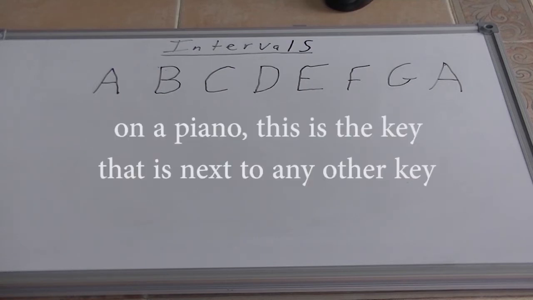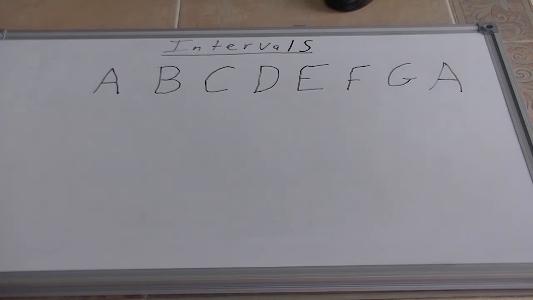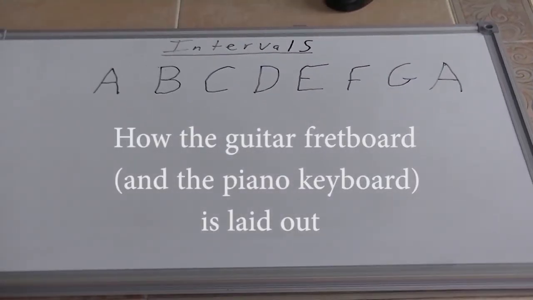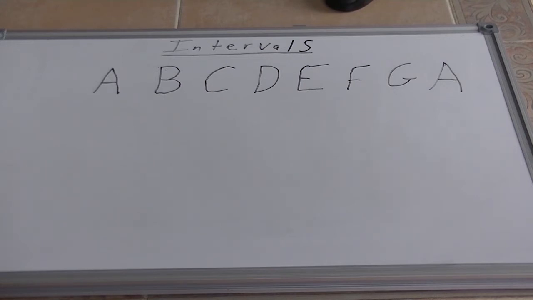If I play the note at the 5th fret on the E string, the note on the 6th fret would be a half step higher, and the note on the 4th fret would be a half step lower than the original note. And this lays out how the guitar is set up interval-wise.